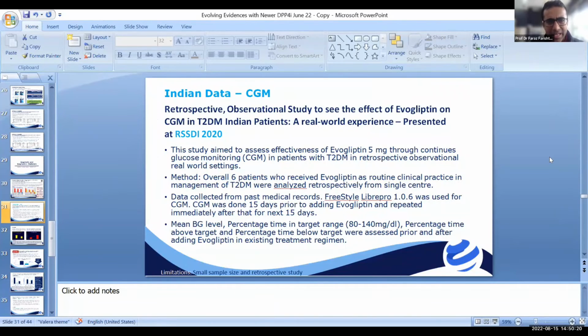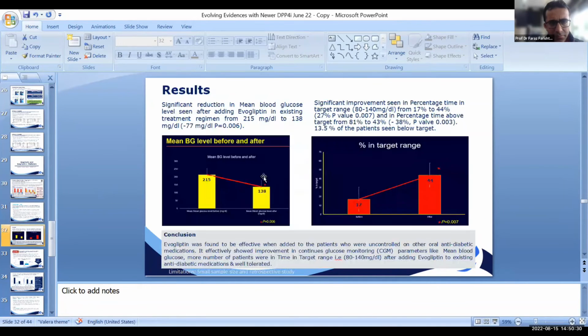Let's see the Indian data, the CGM study. So this is again a retrospective observational study, a real world experience. The results, again, Evo was found to be effective when added to patients on uncontrolled OHAs. It effectively showed improvement in continuous glucose monitoring and time in range.